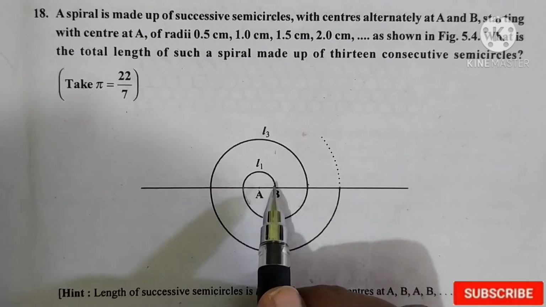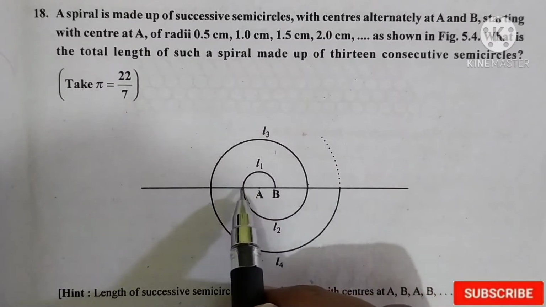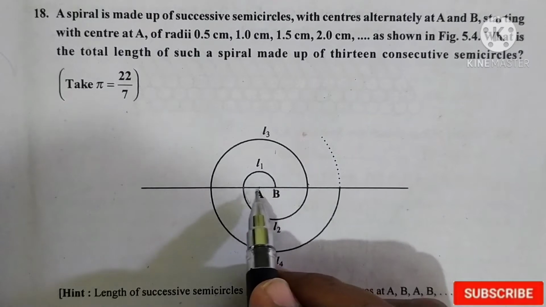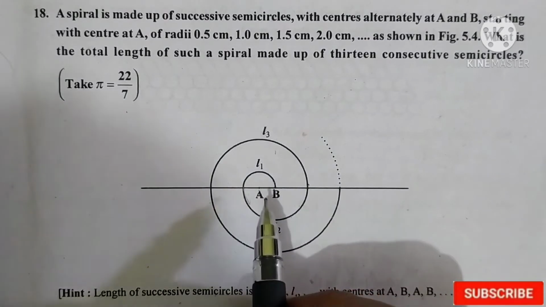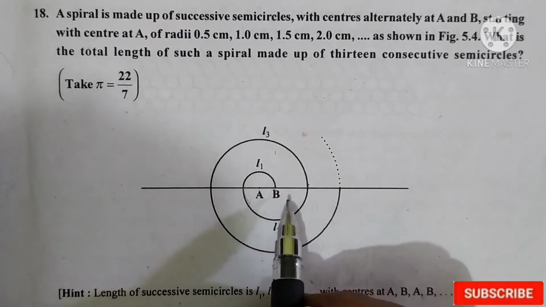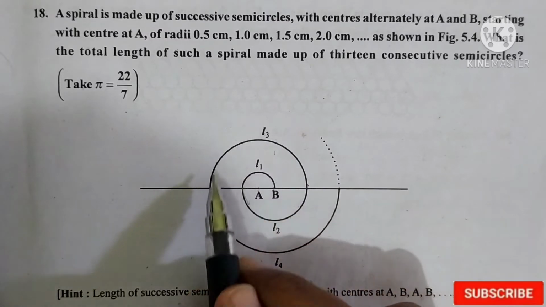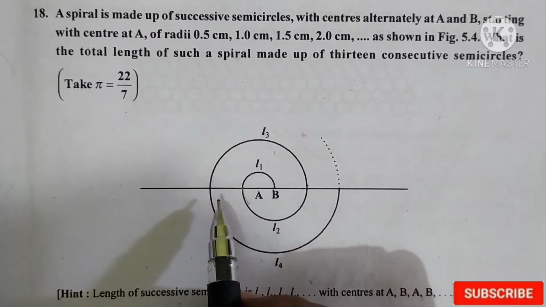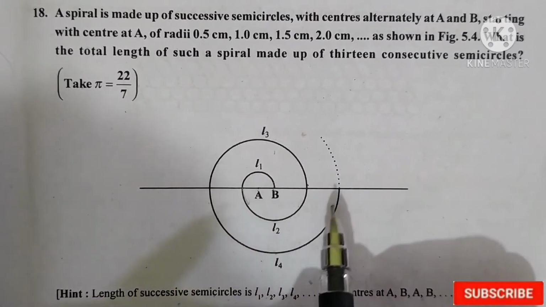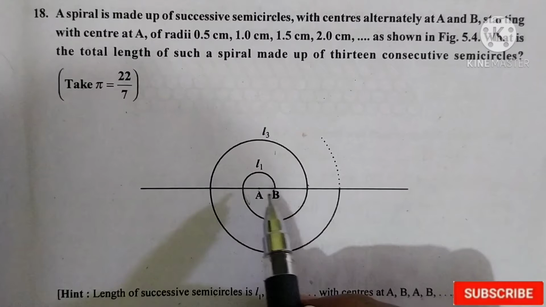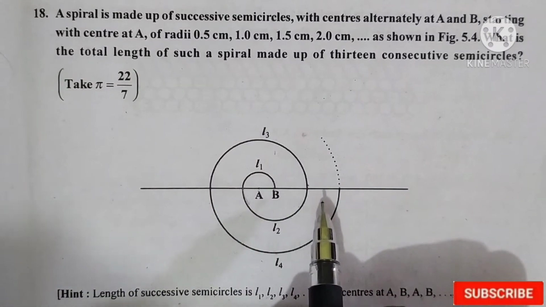The radius of the second circle is 1 centimeter, the radius of the third circle is 1.5 centimeter, and the radius of the fourth circle is 2 centimeter. That means the radius increases by 0.5 centimeter each time, as shown in the figure.